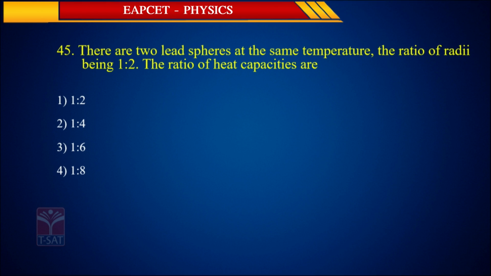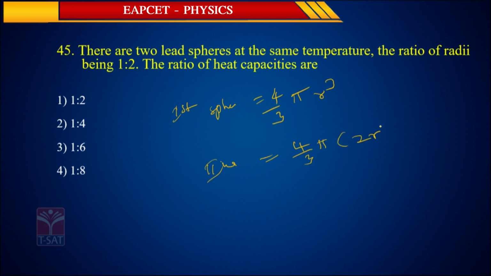Volume of the first sphere is 4/3 pi r cube, children, and volume of the second sphere is 4/3 pi, the radius is double, that is 2r cube. 2r cube means 4/3 pi 8r cube, children.